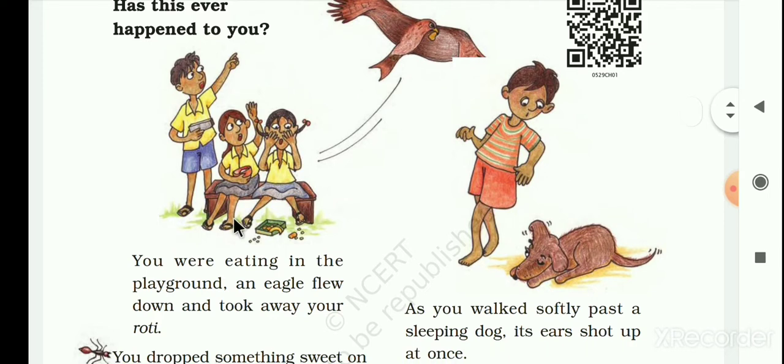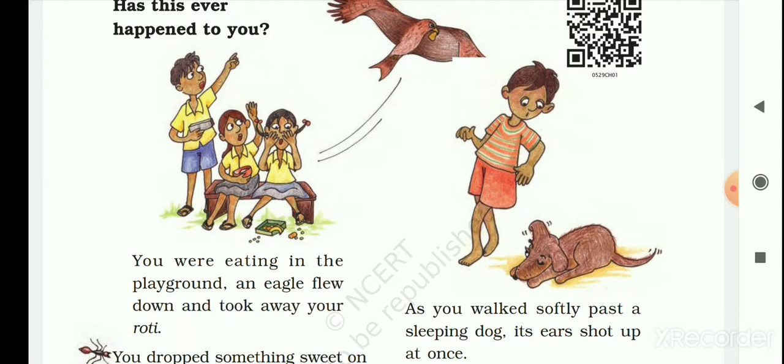Now just think that you were eating in the playground, right? An eagle flew down and took away your roti. What happens? Obviously you are going to get shocked, right? Why?